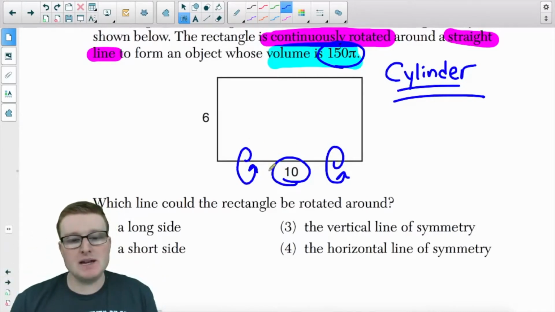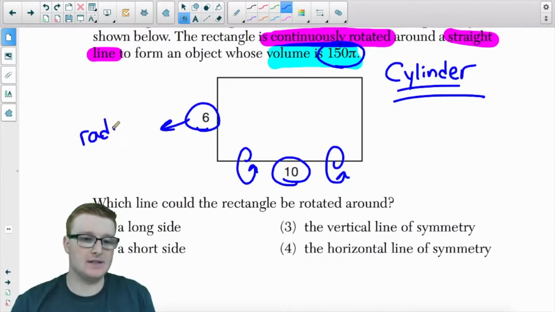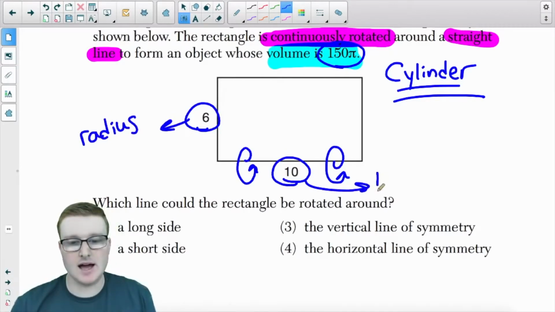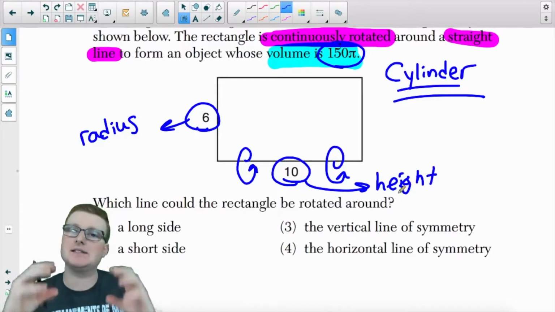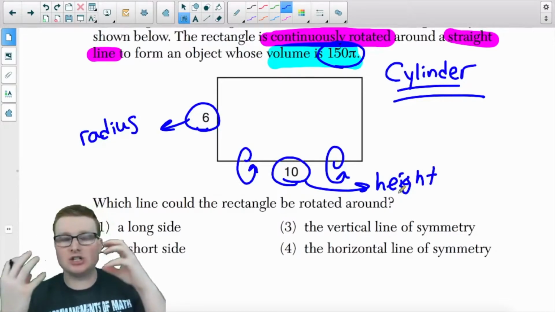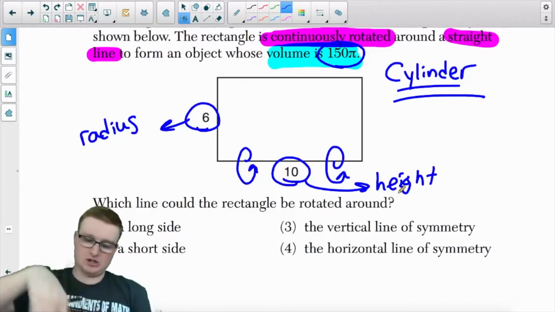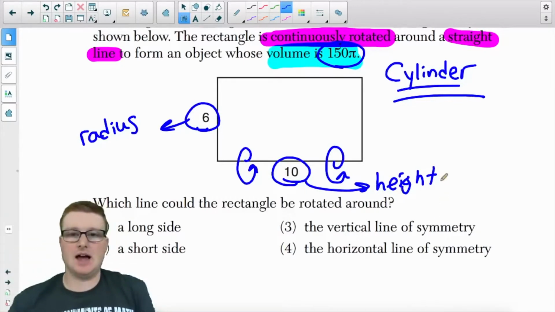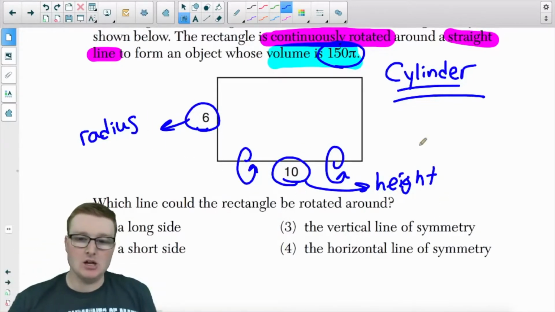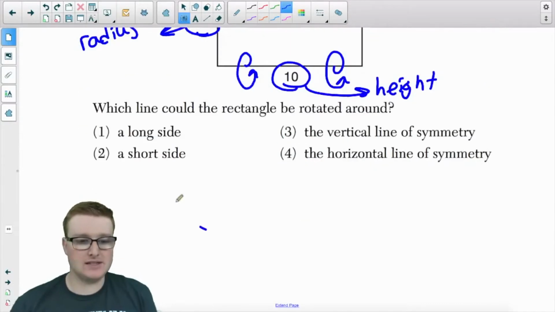So if you were to spin it like this, that means that this is your radius of the cylinder, and this is the height of the cylinder. Unfortunately, it's on its side. So if you were to just imagine standing it upright, you're spinning it around, this is the height, that's your radius, okay?